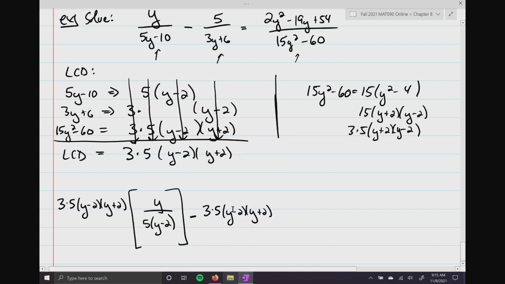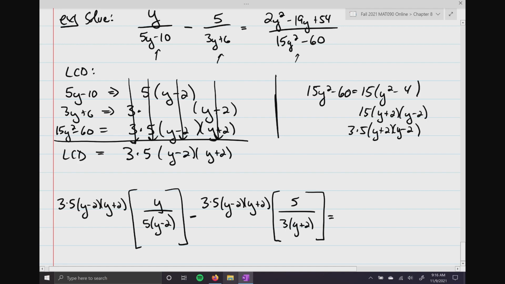There we go. Oh, look at that. That's a beautiful thing. All right, so 3 times 5 times y minus 2 times y plus 2. I'll multiply by 5 over 3 times y plus 2 equals, all right, last time for this.